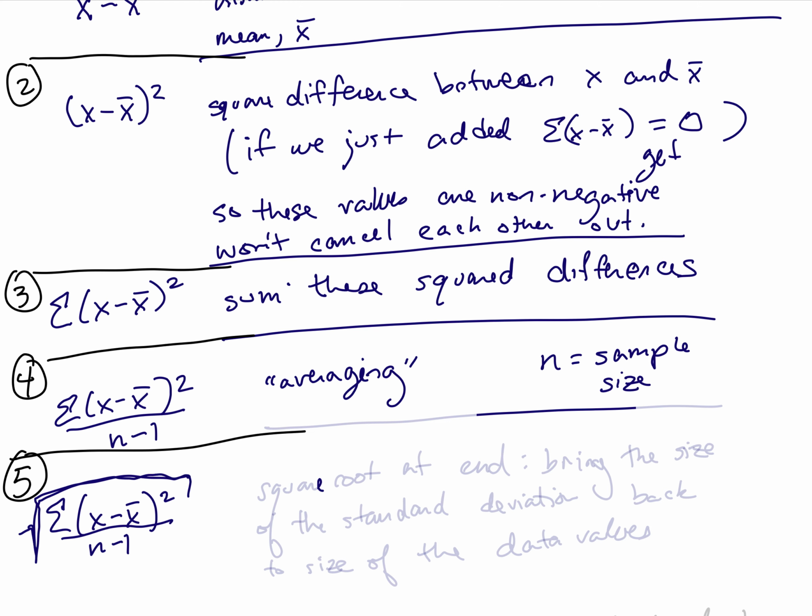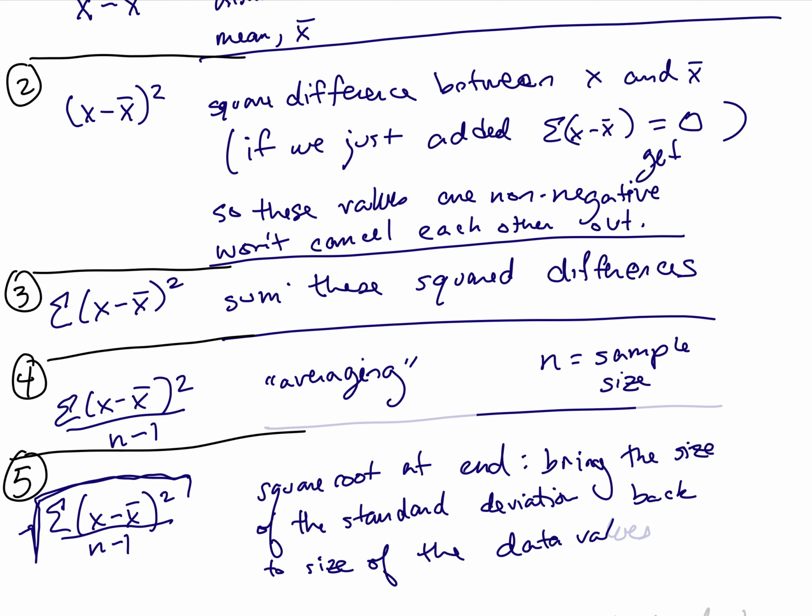And the reason that we take the square root at the end is to bring the size, or the magnitude, of the standard deviation back down to the size of the original data values, because squaring those differences, if those are values greater than 1, is going to make them a lot larger.